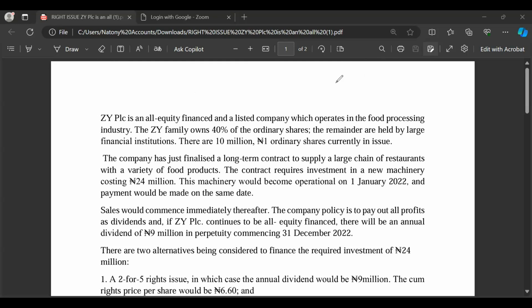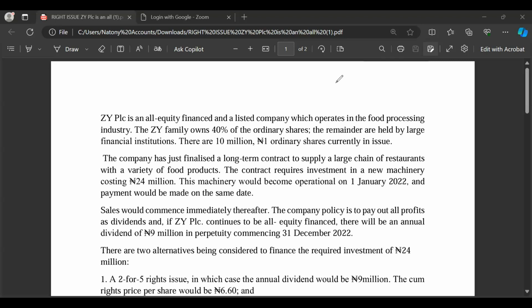So let's look at this question. XYZ PLC is an all equity financed and a listed company which operates in the food processing industry. The XYZ family owns 40% of the ordinary shares.